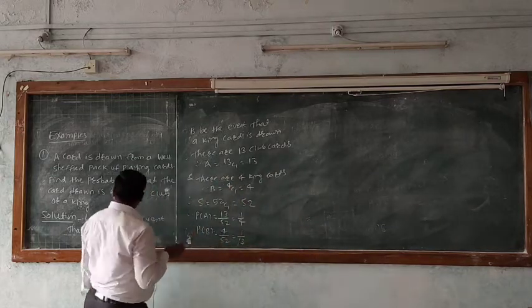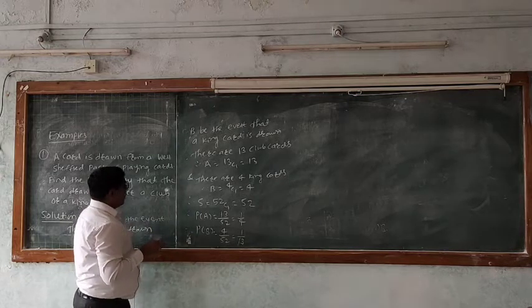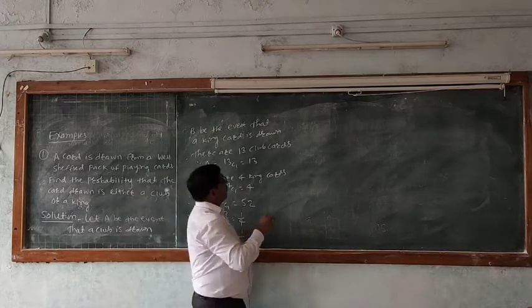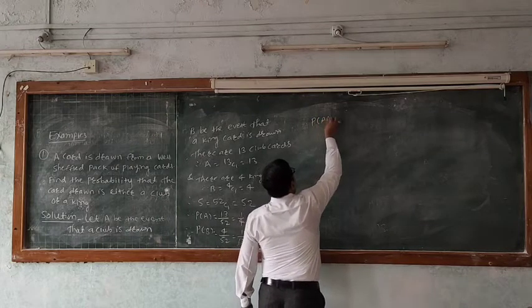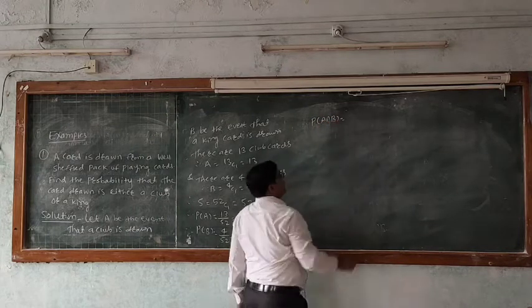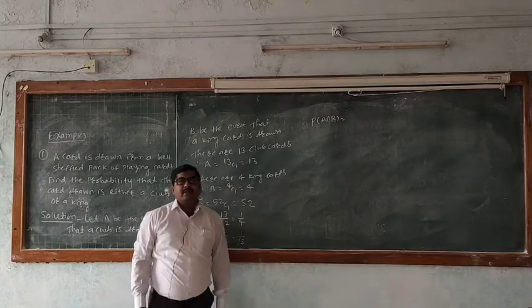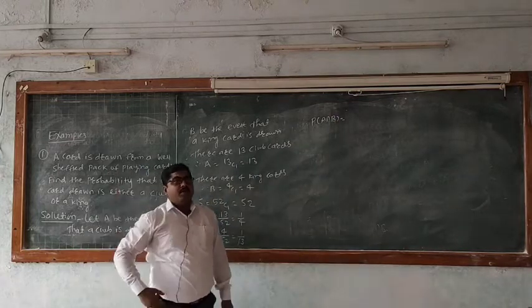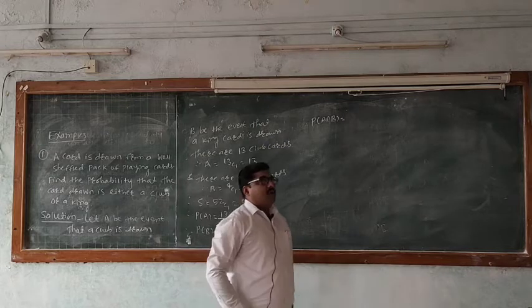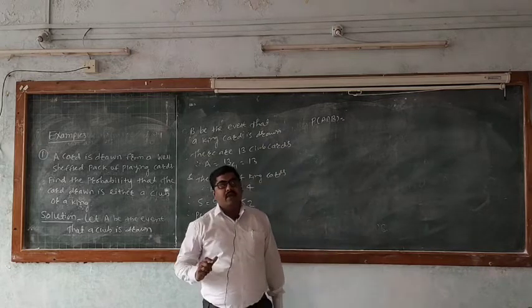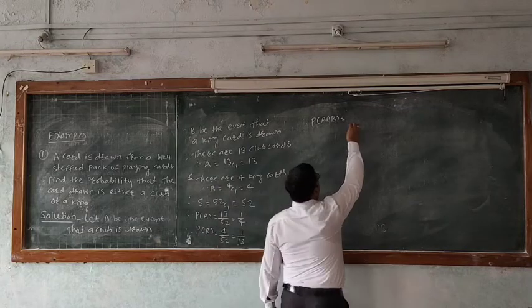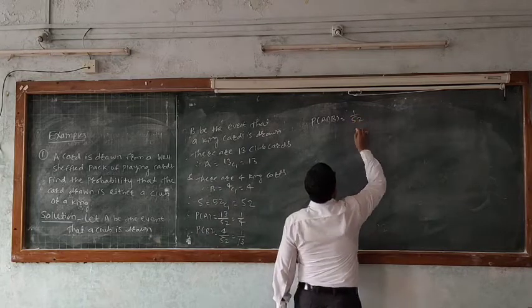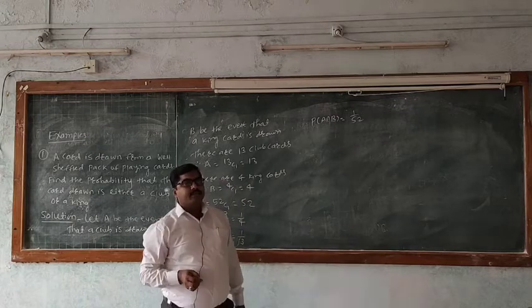So before going to this, we should have known P of A intersection B. A intersection B means what? Probability that the card drawn is a club and a king, right? Is 1 upon 52.